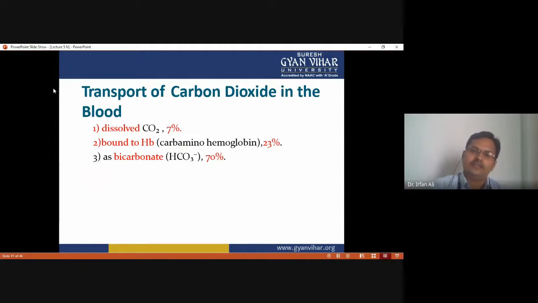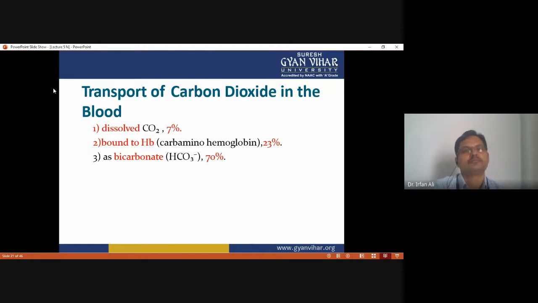And as we know, carbon dioxide is transported in the blood in three forms. Only 7% of the carbon dioxide is transported in the dissolved form. Approximately 23% is transported in the bound form, which is called carbaminohemoglobin, and 70% of the carbon dioxide is transported as bicarbonate.